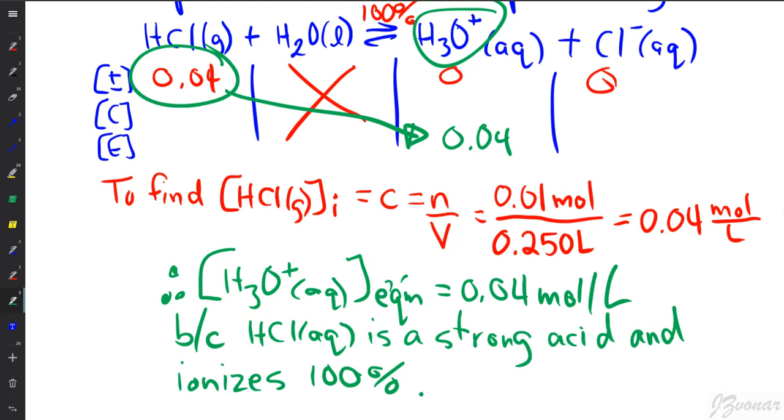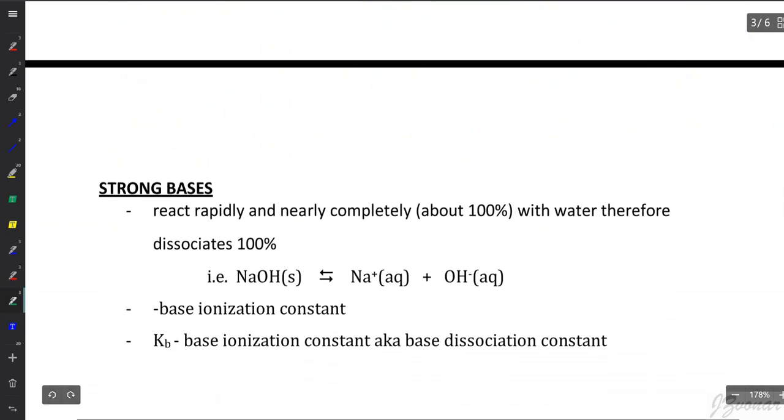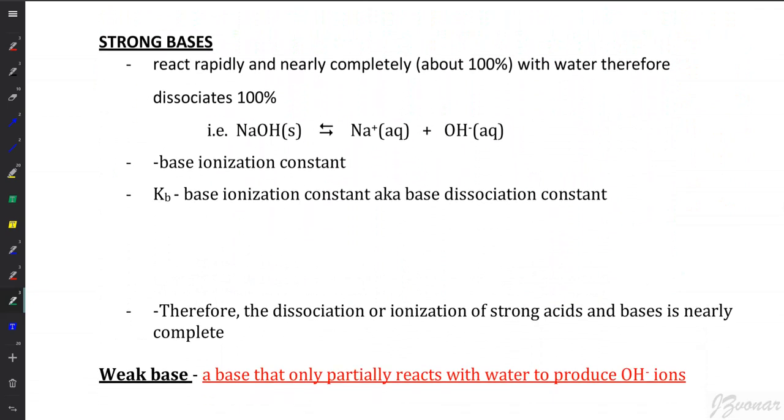Very important concept to remember and know. Now, strong bases behave exactly the same way as strong acids. Okay, a strong base is going to occur quickly and go to completion as well. All right, so it's going to dissociate 100%.